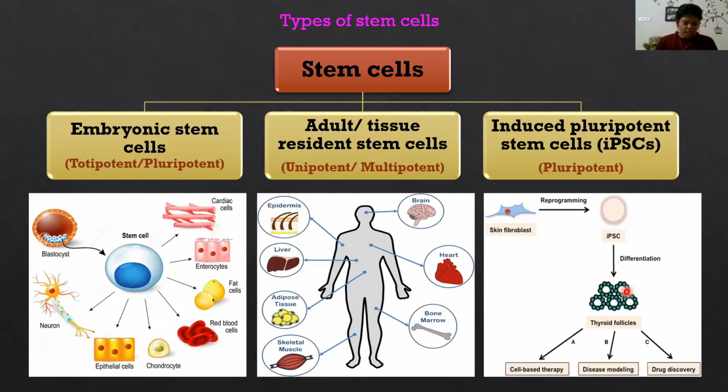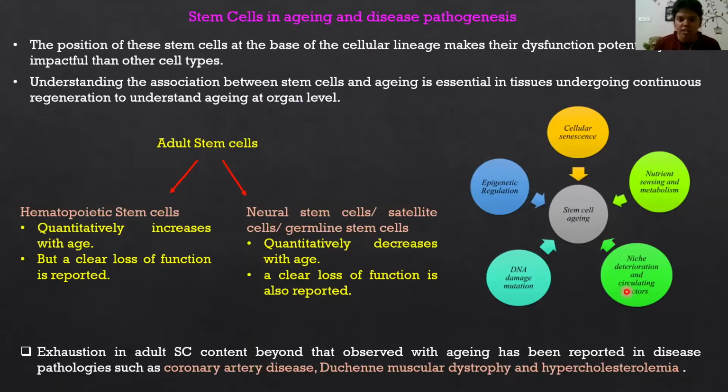So why should we study these undifferentiated cells? What's the need? Because they have a great role to play in aging as well as in disease pathogenesis. So these cells are the base. When we talk about adult tissue resident stem cells, they are the base. At times of rescue, they are the ones that differentiate.